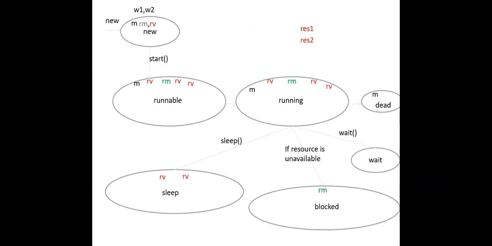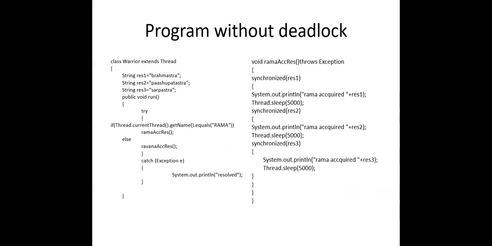It is the same thing, but the only change is that previously I assumed that Rama got a chance first, but there is a chance that Ravana may get a chance first. So I have displayed with respect to Ravana also. Clear? There is no concept of deadlock here. That is the reason I have given here as program without deadlock.